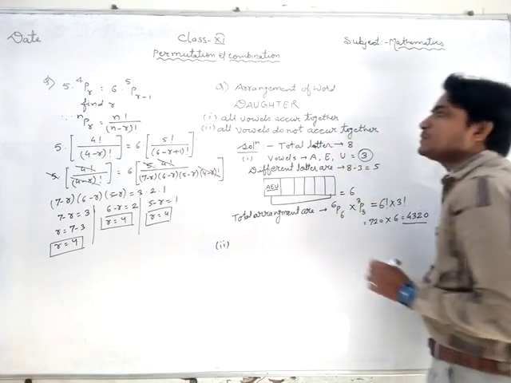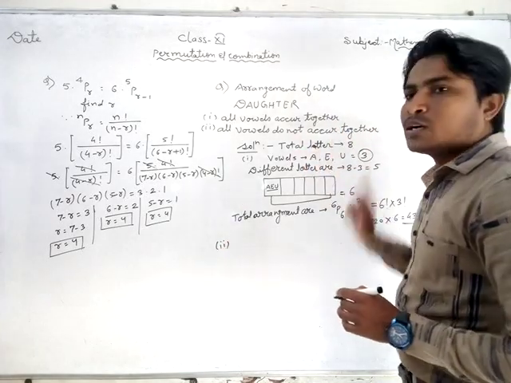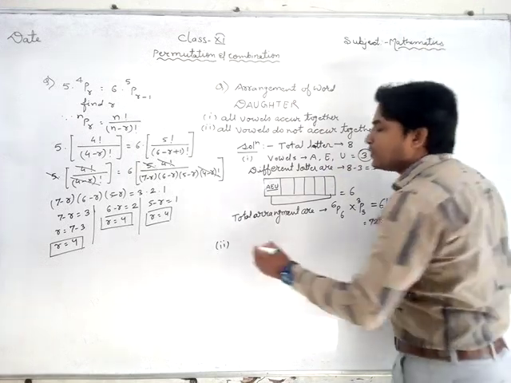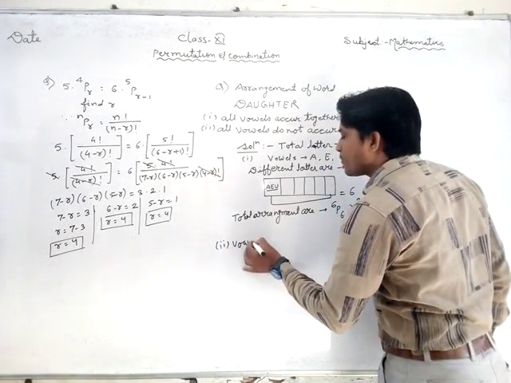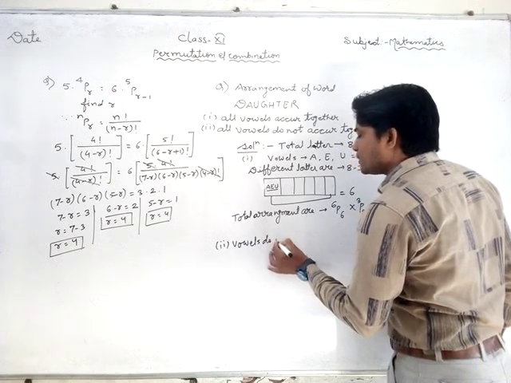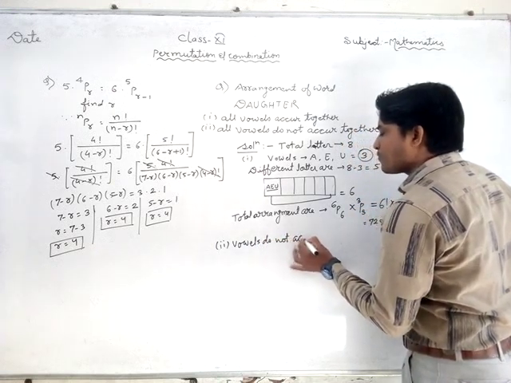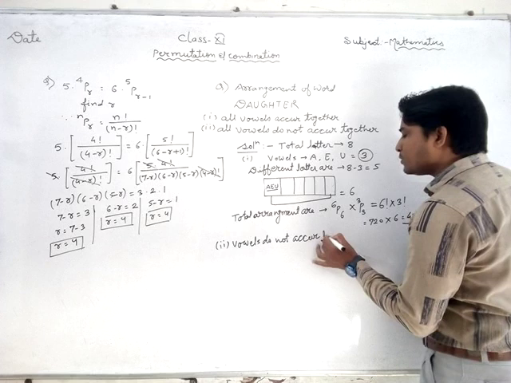Now the second question: all vowels do not occur together.